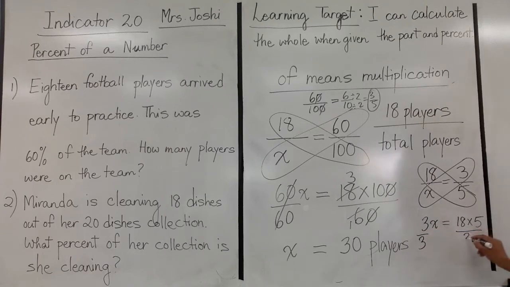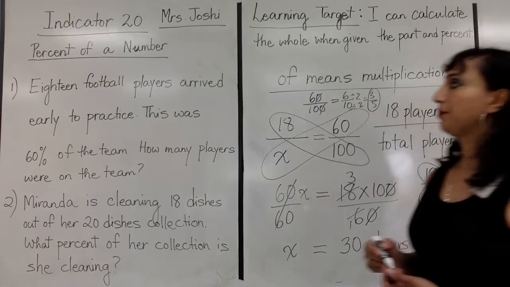I'm going to divide both sides by 3. 3 divided by 3 is 1, so x is equal to 3 times 6, and 6 times 5 gives me 30 players. So this is another way to do it.